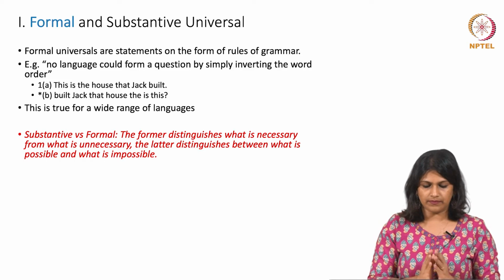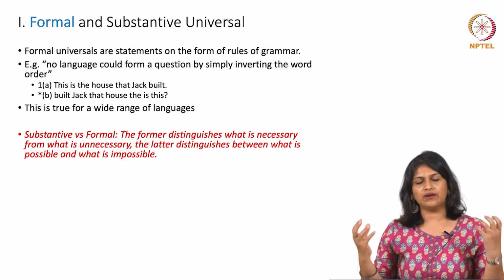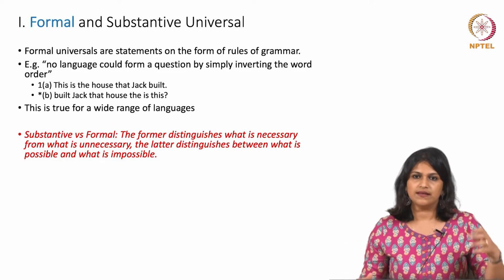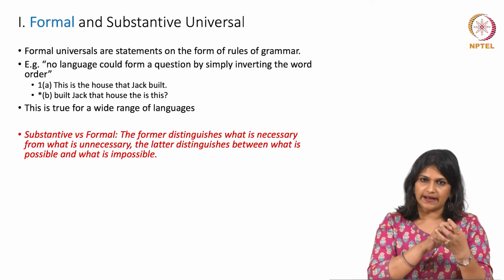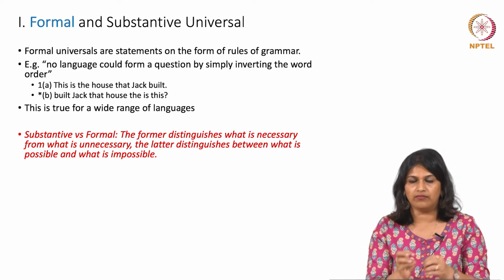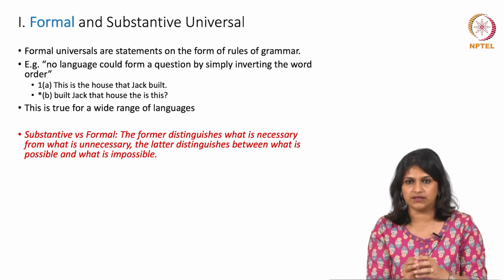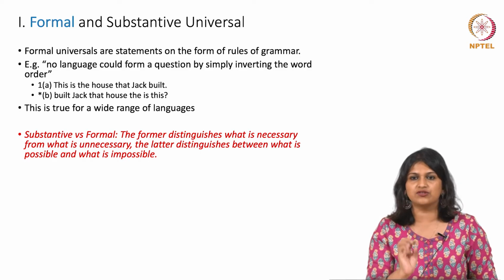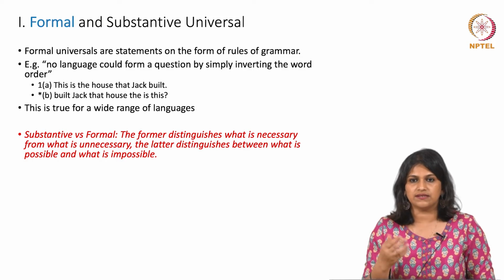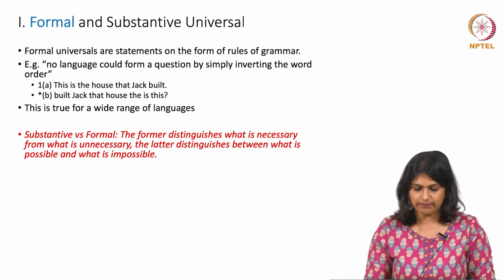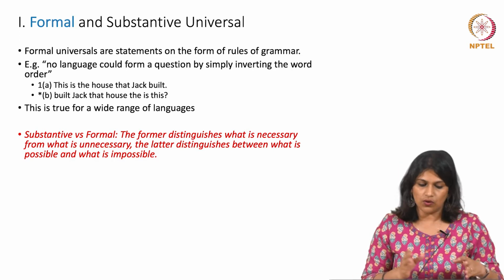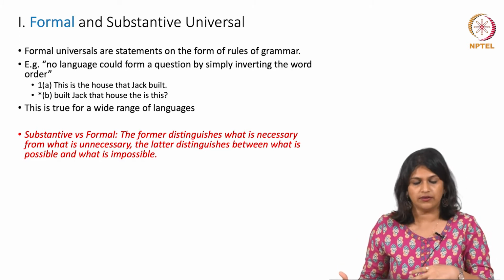So, when you compare substantive with formal, substantive universals would target certain linguistic units, a noun, a verb, an adverb, or a direct object, indirect object. So, these are the individual items that the language would target, and keeping that in mind, we would try to figure out what would be the difference with the formal universals.